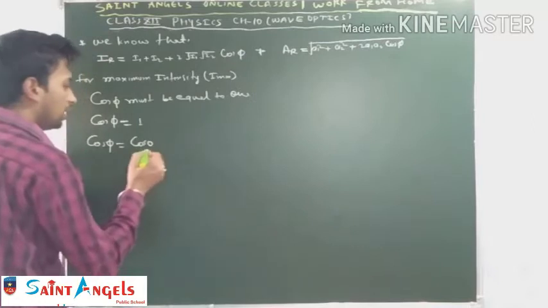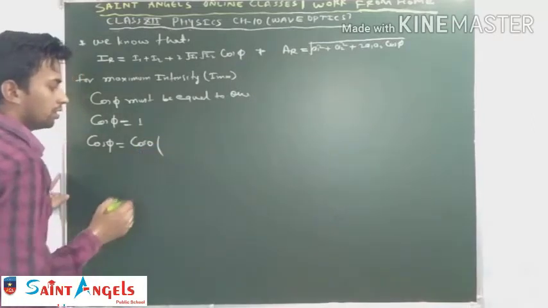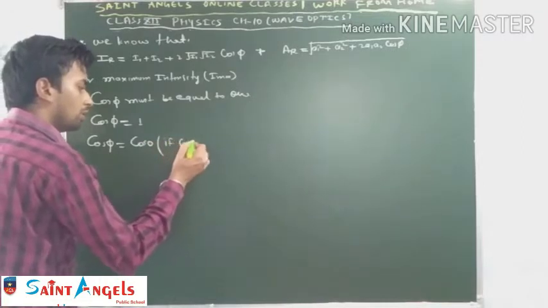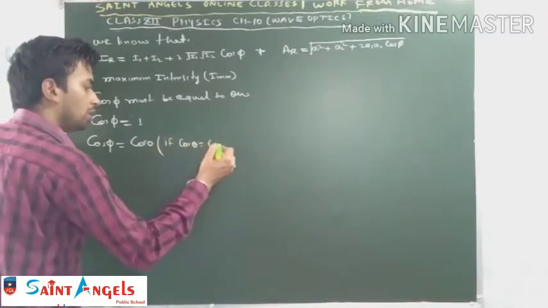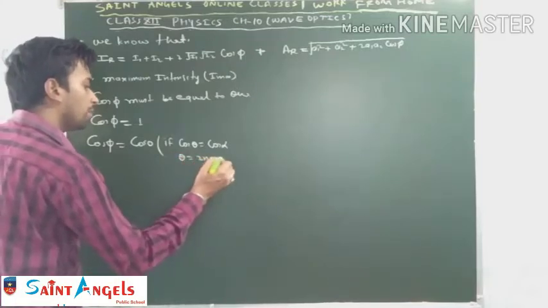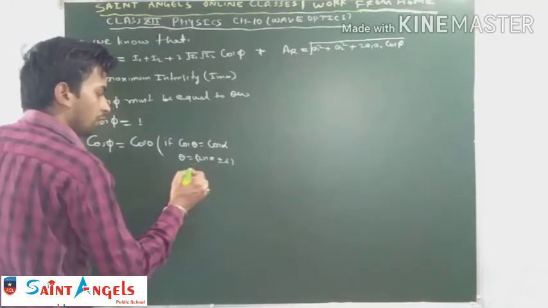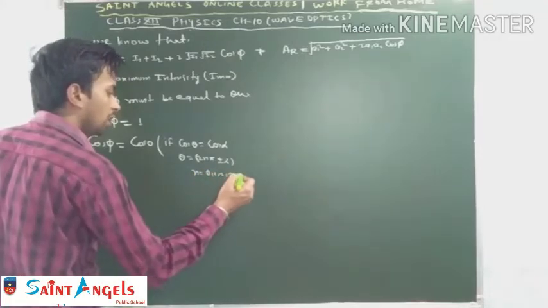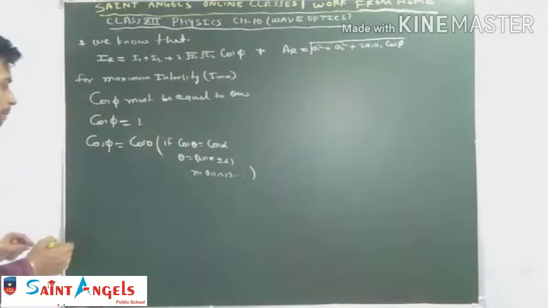Student, we already discussed in class 11th that if cos theta equal to cos alpha, then theta equal to 2n pi plus minus alpha, where n equal to 0, 1, 2, 3 and so on, an integer.